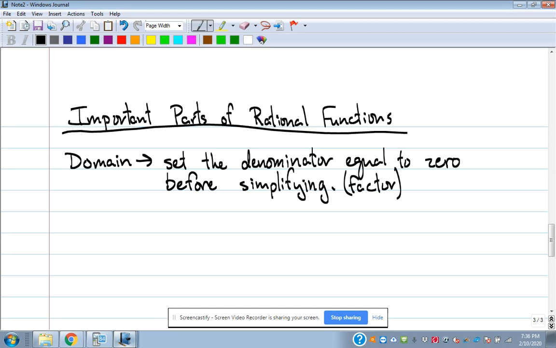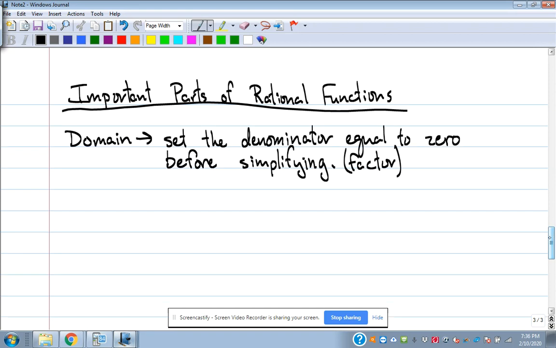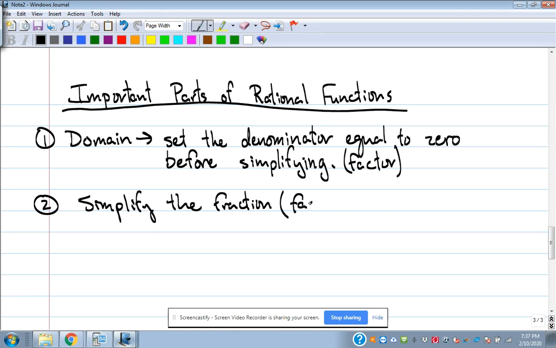So the first thing you're going to find is the domain. The second thing you're going to do is simplify the fraction, and you're going to do that by factoring and canceling matching factors, just like what we did earlier.